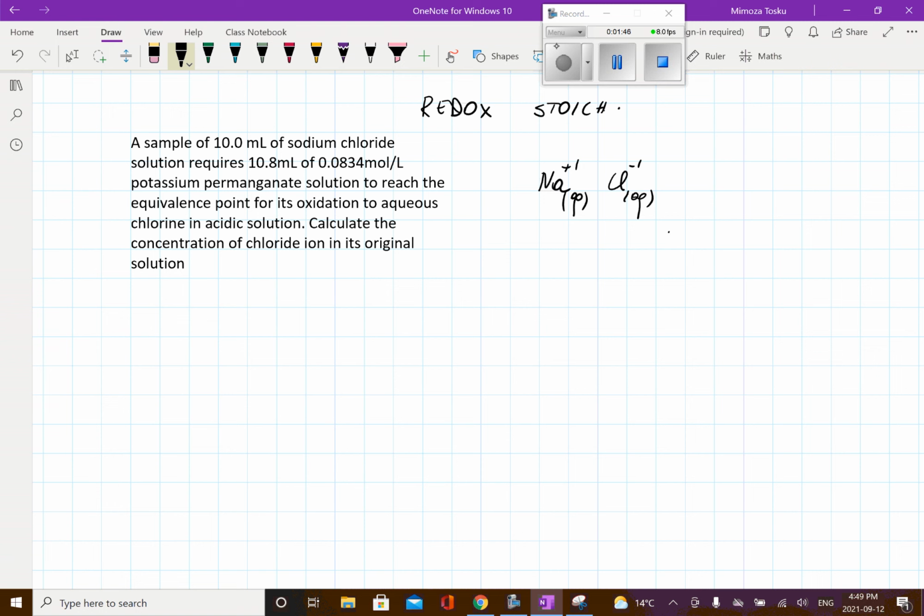And then we have potassium permanganate, which again is an ionic compound.